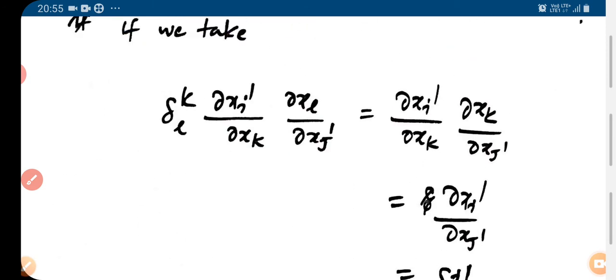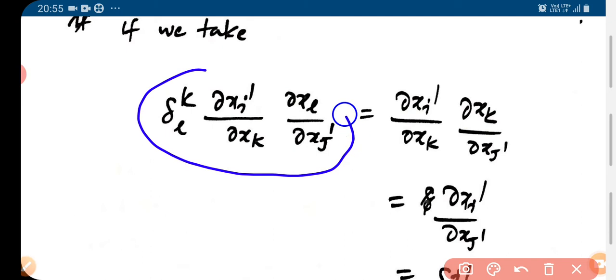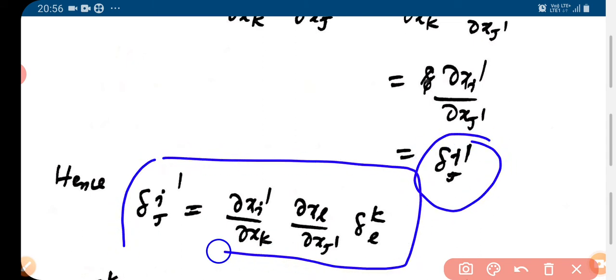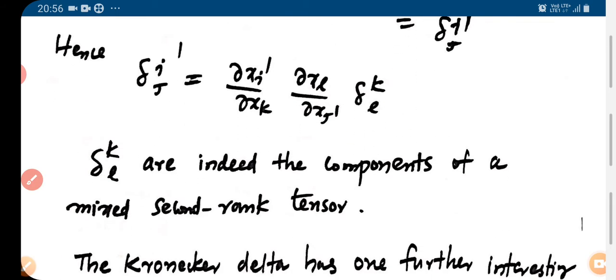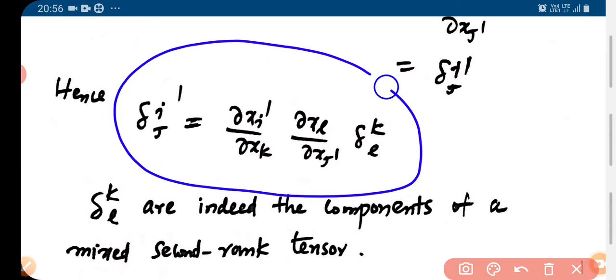We started from δ^k_l ∂x_i'/∂x_k ∂x_l/∂x_j' and reached δ_ij'. So δ_ij' equals ∂x_i'/∂x_k ∂x_l/∂x_j' δ^k_l. This is actually the transformation equation for a mixed tensor. This is a mixed tensor.